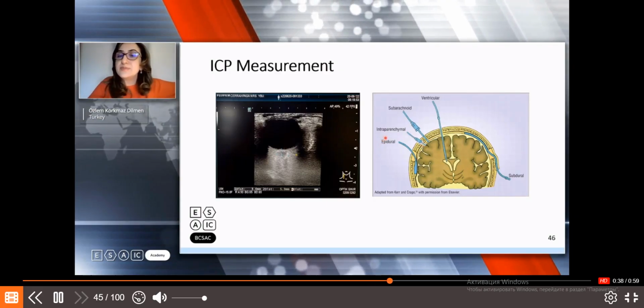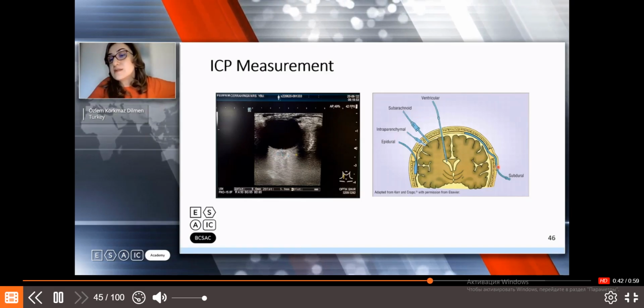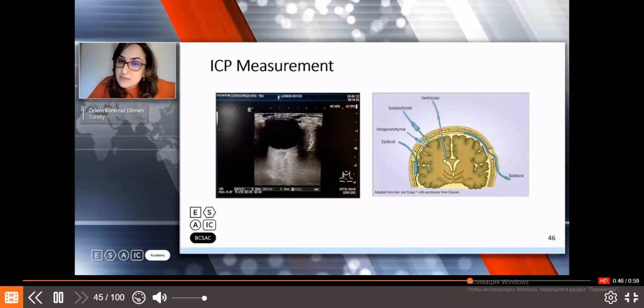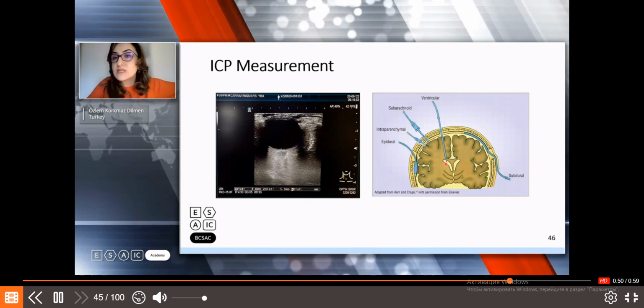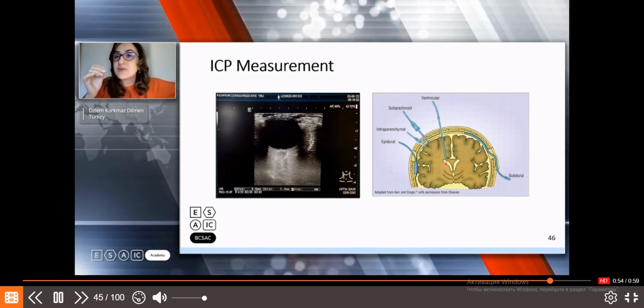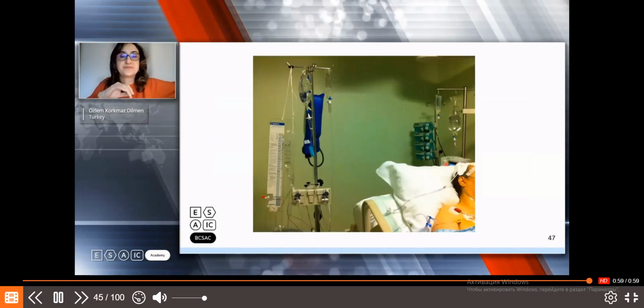We can use epidural, intraparenchymal, subarachnoidal, ventricular, or subdural electrodes. But we generally prefer ventricular catheters because they provide cerebrospinal fluid drainage. That's why we can use those catheters as a treatment option.